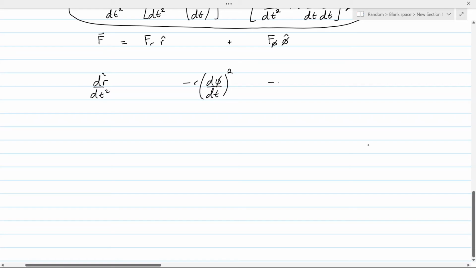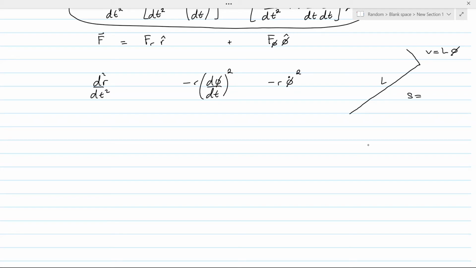And I could write this as, and we also can work out that if I had something swinging with length L, it's going to sweep out an arc. The tangential velocity is going to equal the length of the rod and the angular velocity. All right, another relationship you may have seen before, or should be familiar with.